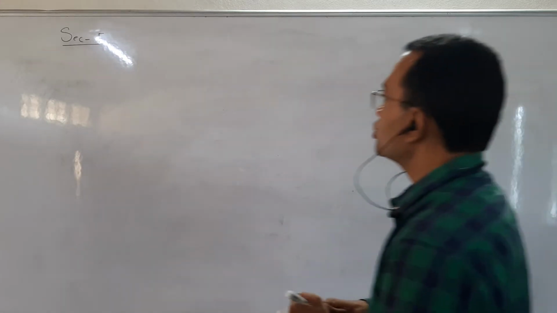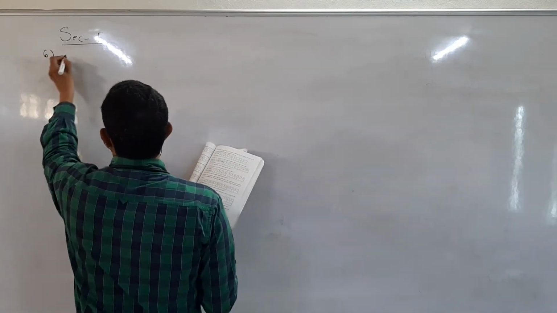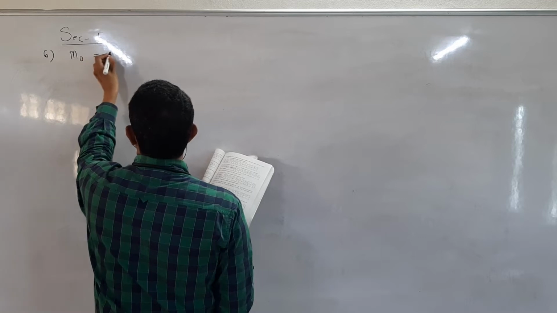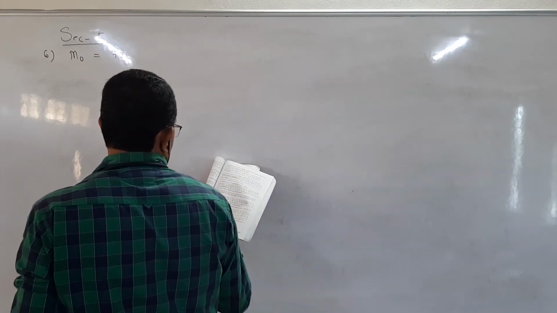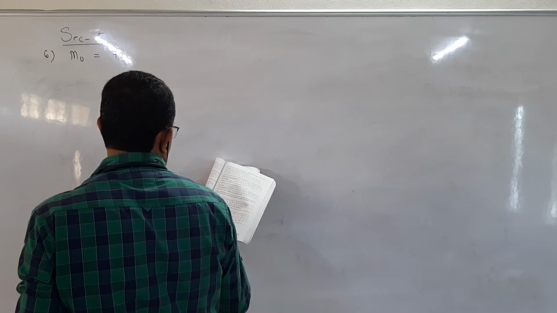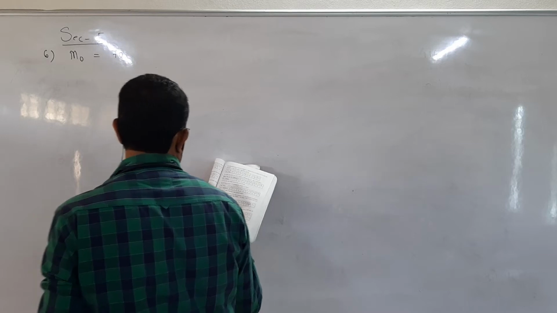A producer believes that the mode of his daily production is 70. So given mode M0 is equal to 70. The distribution of production from the data obtained after making some changes in the design of produced unit is as follows.